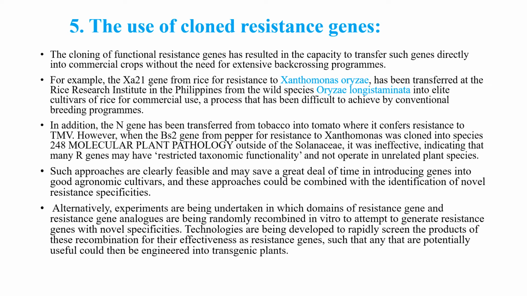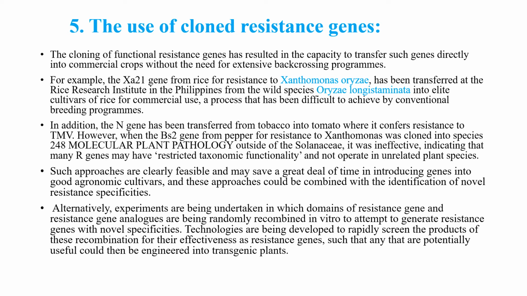In addition, the Cf genes have been transferred from tobacco into tomato, where they confer resistance to tobacco mosaic virus. However, when the Bs2 gene from pepper, which gives resistance to Xanthomonas, was cloned into species outside the Solanaceae, it was ineffective, indicating that many R genes have restricted taxonomic functionality and do not operate in unrelated plant species.